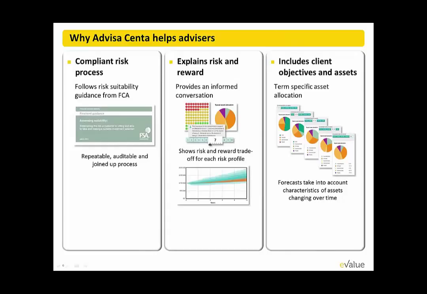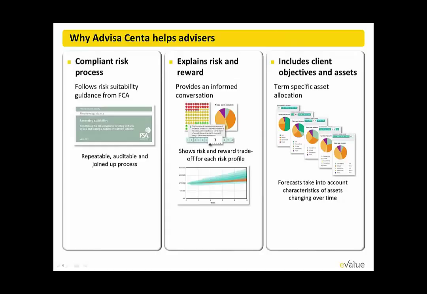We try to make sure that everything we do can be communicated to a client in a number of different easy to understand ways. So we try to explain the risk and reward with information, numbers, pictures, descriptions, because we want to be able to cover all aspects. We try to show things in various different lights, but what we also do is include the client's objective.